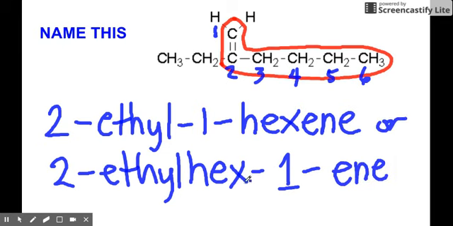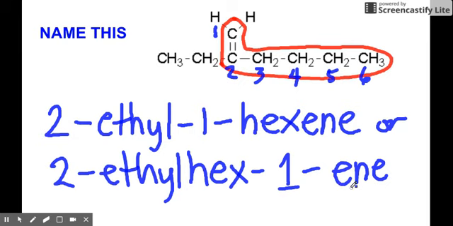You may put the hex, just like your alkane, but you don't put the ene, just the hex to signify that there are 6 carbons. And then the next one is a dash, and that will put the number where the double bond is, because anyway the double bond will indicate an alkene. So that's why you can insert the number after you mention the appropriate prefix for the number of carbons. So you can name it 2-ethylhex-1-ene.